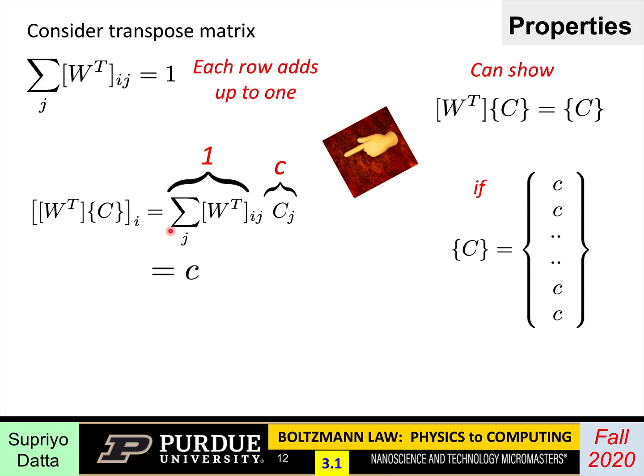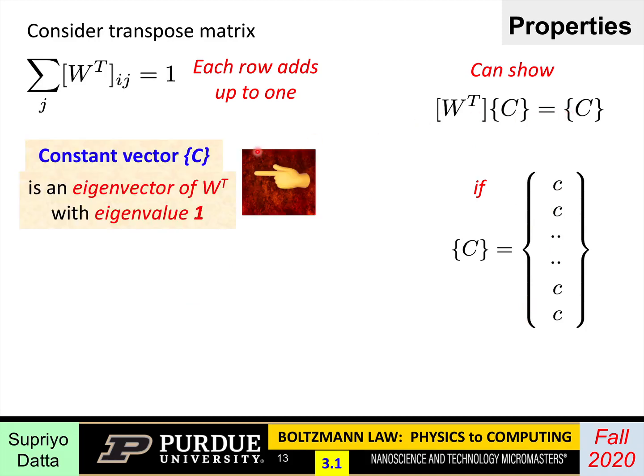So this quantity is just 1. And Cj, the jth component of C, is just this constant. So when I multiply this, the ith component is just this constant. Basically, I'm just getting back this same column vector. And so W transpose times C is equal to C. In other words, this constant vector C is an eigenvector of W transpose and has an eigenvalue of 1.